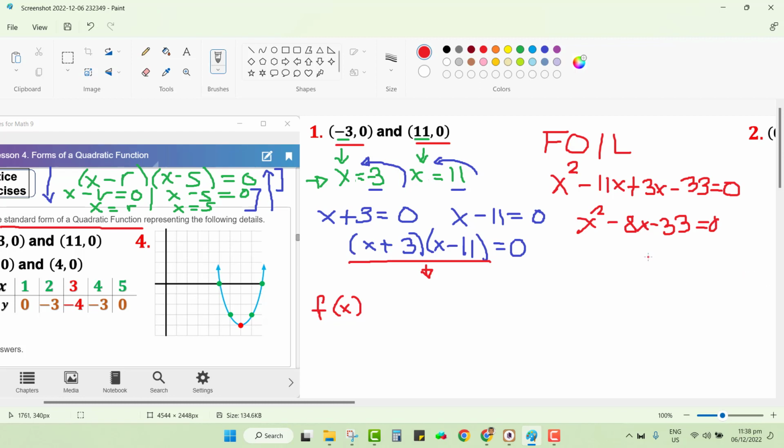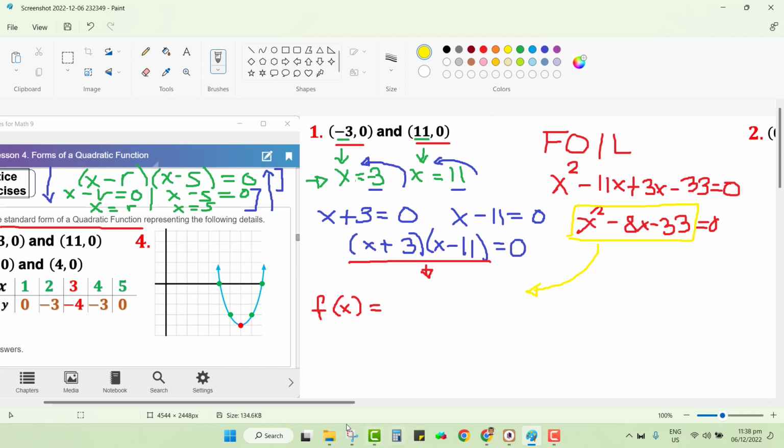Now this is the equation form following the reverse operation of the zero factor property, but we are not going to take all of this to be our function. We are just going to take this portion here without the equal to 0, since equality is already here, and place our result here.